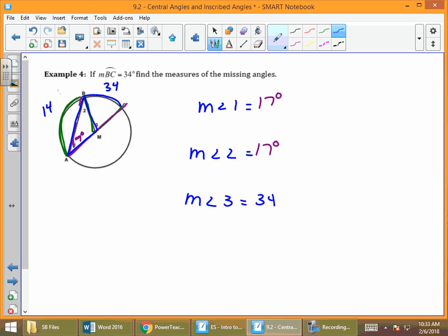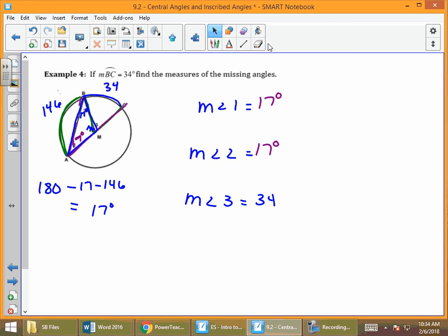You just do 180 minus 34, and it will give you this arc. So if this arc's 146, what's this angle going to be? 146, it's a central angle. Well, we know all the angles of a triangle add up to 180, so we just do 180 minus 17 minus 146, and what does that give us? 17.